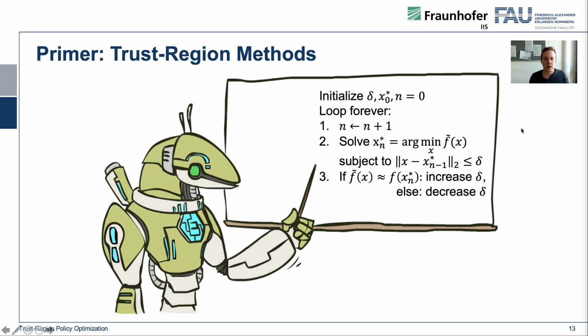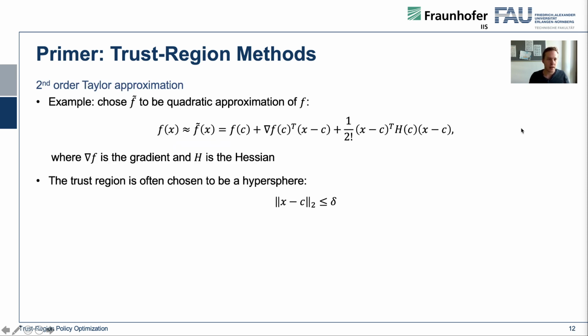The Hessian is a quadratic approximation around your point, and we use the Hessian matrix here. Depending on the parameters your objective function has, the Hessian is a matrix that is n squared, where n is the number of parameters.